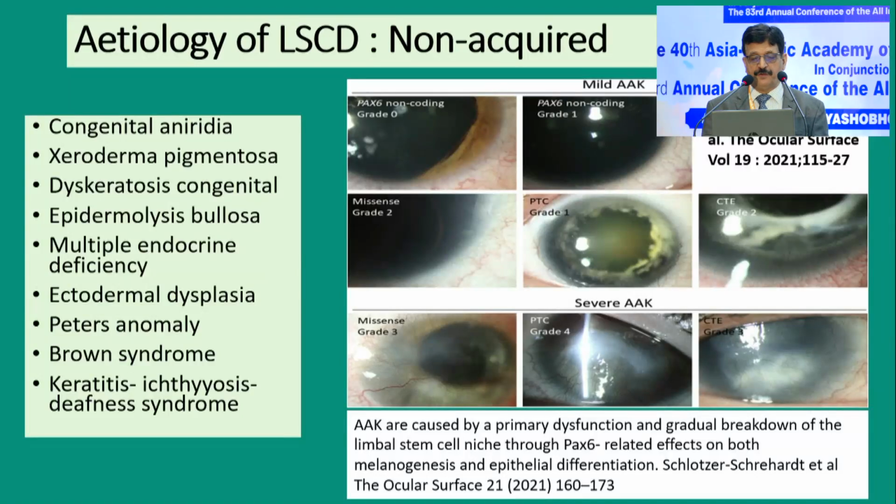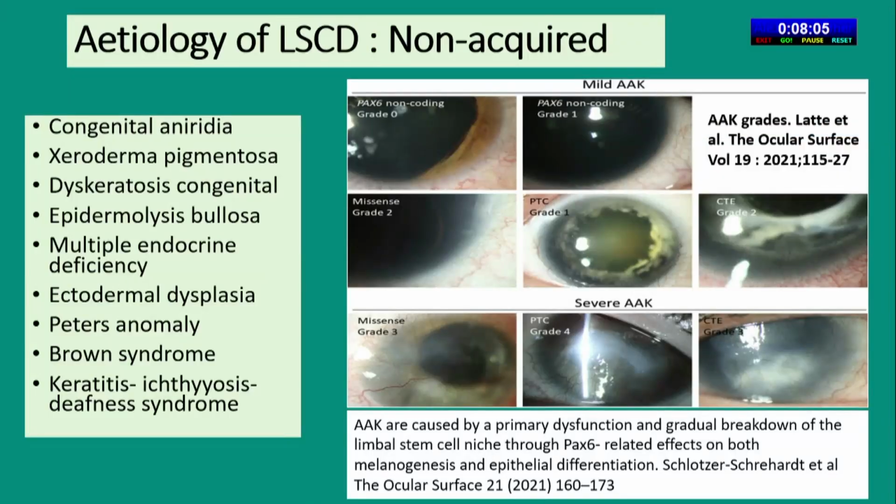In the congenital group, we have several disorders, like congenital aniridia, xeroderma pigmentosum, and dyskeratosis, but the most important one most of the time is aniridia. It is rare, but when we meet it, we have to treat this condition.